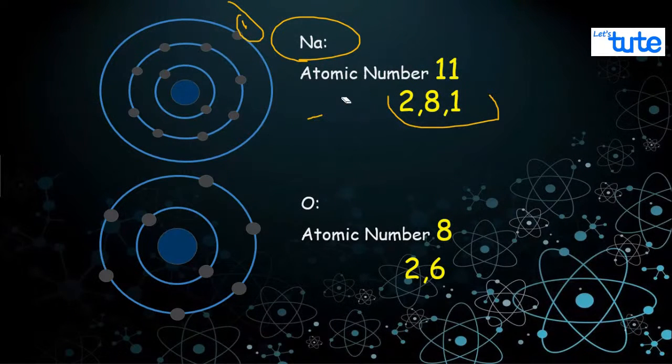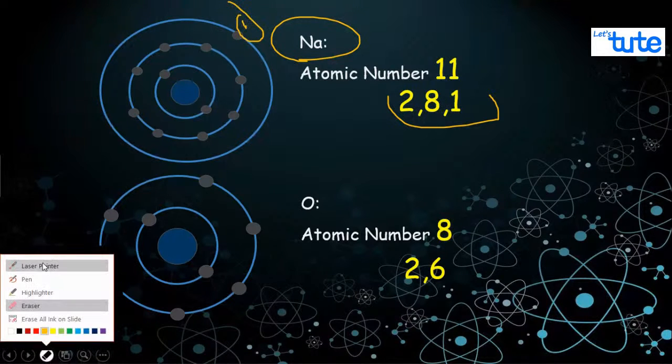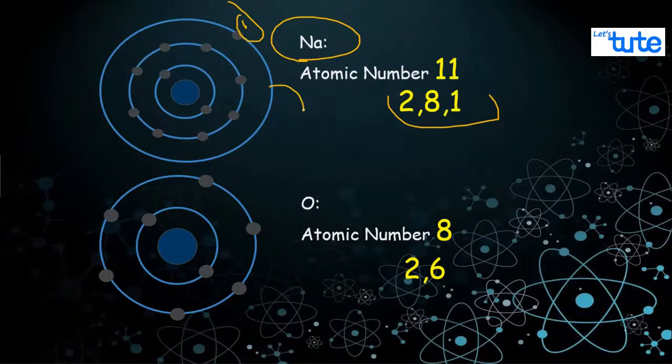So what do they do? They can either give electrons or take electrons to become stable. As we know, to become stable we should have a complete octet.